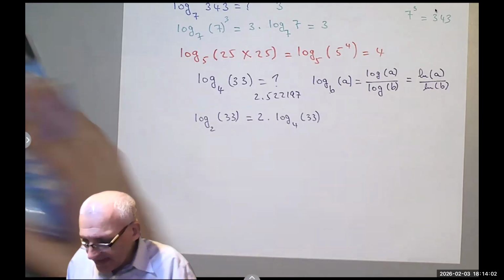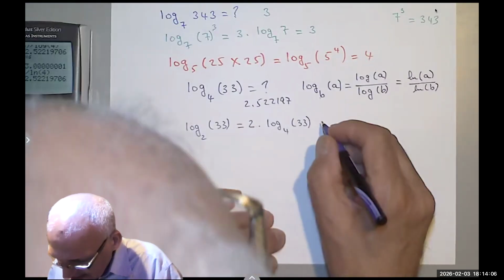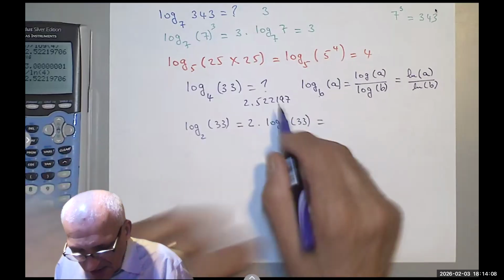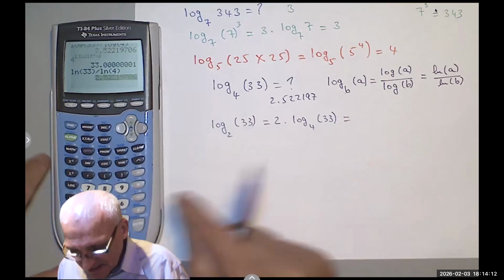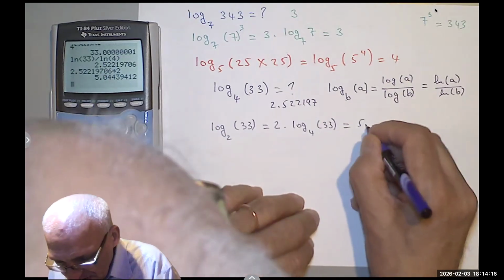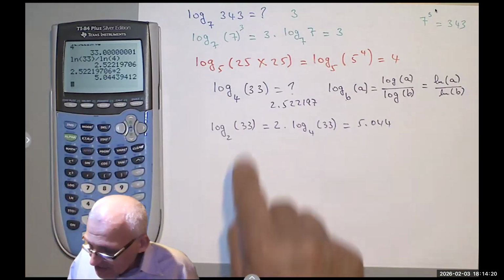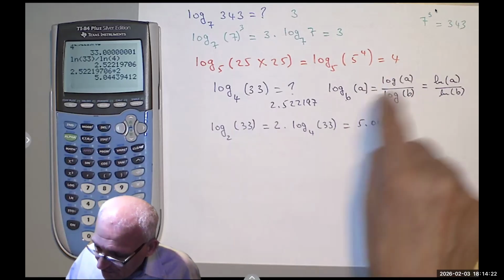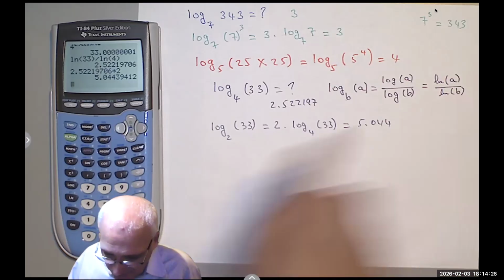Let's see. That should tell me if I multiply this answer by 2, I'm getting 5.044. Is that true? We don't know. So let's try either log 33 over log 2 or natural log of 33 over natural log of 2. It doesn't matter.